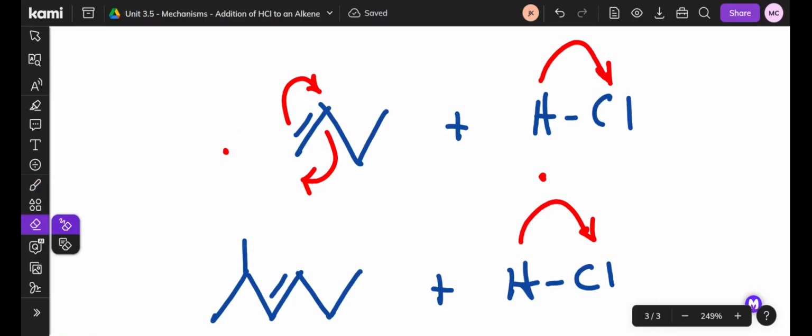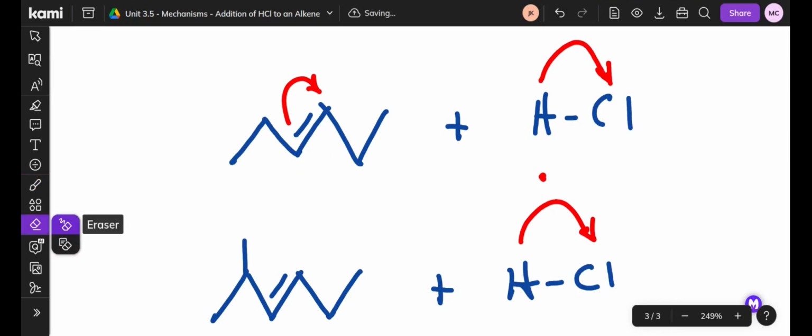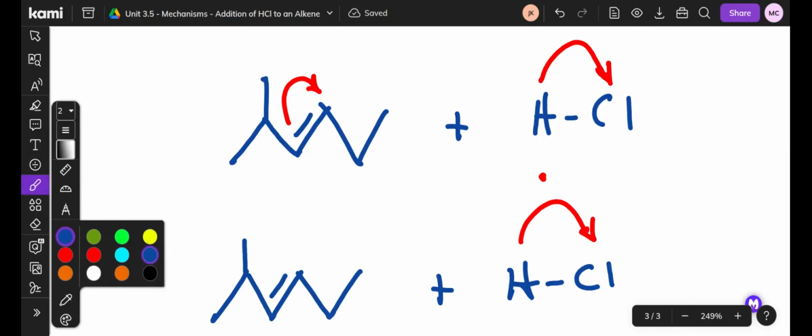Wait, so how do you move away from that? Because there are 2 carbons versus the 1 carbon with hydrogen. Oh, let's put it back. I erased it. Okay, now you can see it. So that one will go like that, and this one will go like that.